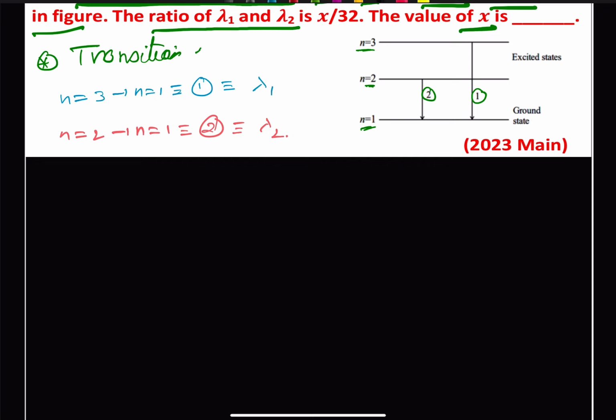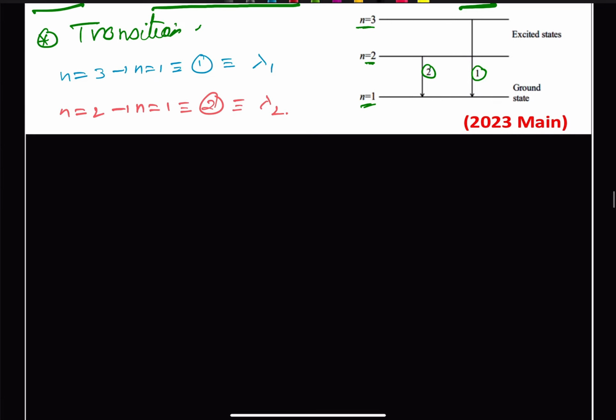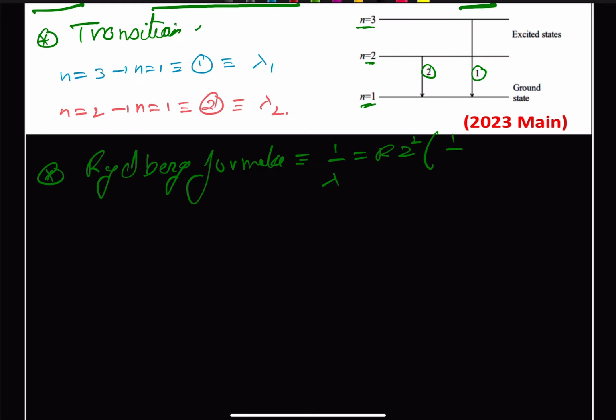And here we are going to use the Rydberg formula to find out the ratio. The Rydberg formula gives us 1 upon lambda is equal to R Z square (1 upon n1 square minus 1 upon n2 square).